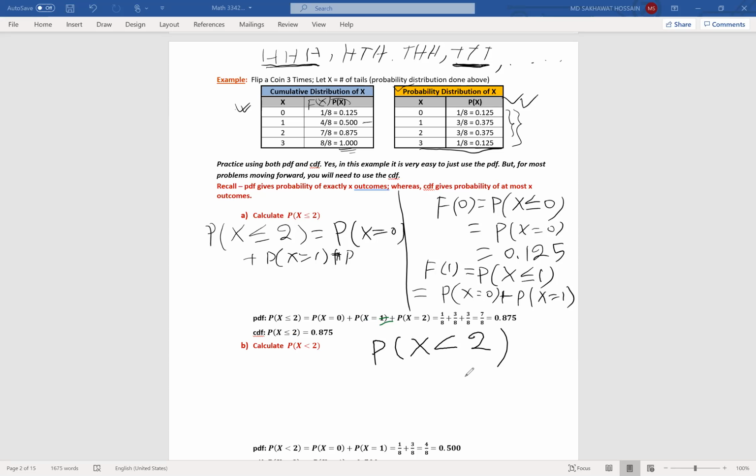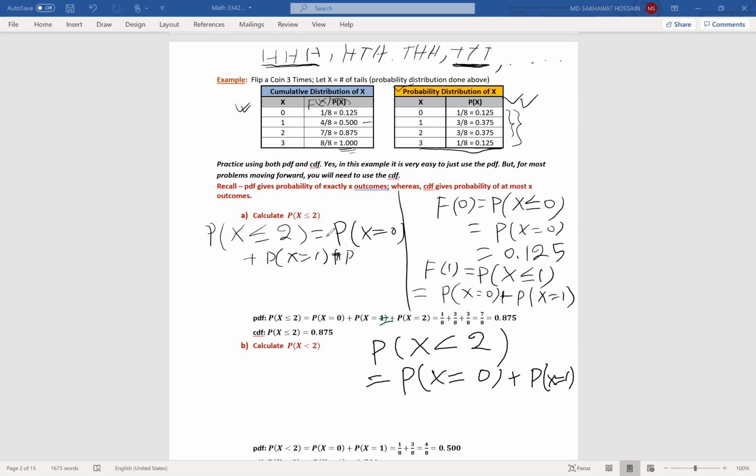But here we have X less than 2, so this is strictly less than. The maximum value of X will be less than 2, not 2. So the values of X will be 0 and the next value is 1, so we have to consider only the probability of X is 0 and X is 1.